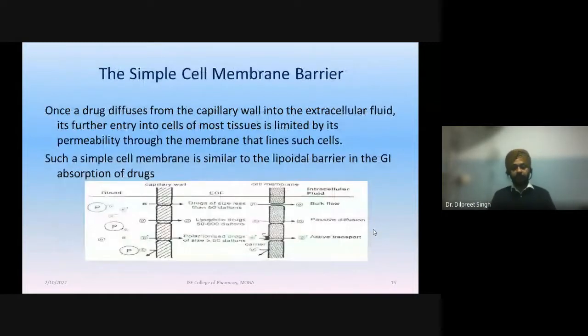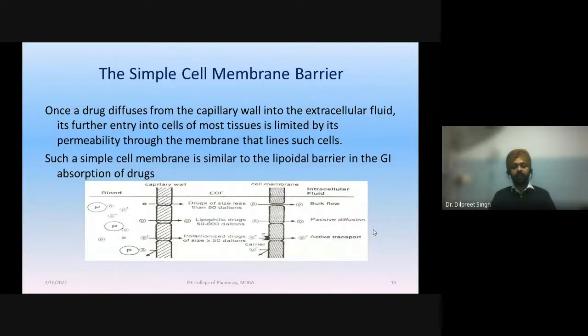Now, the simple cell membrane barrier. Once a drug diffuses from the capillary wall into the extracellular fluid, its further entry into the cell is restricted by its permeability through the membrane lining such cells. Such a simple cell membrane is similar to the lipoidal barrier in the GI absorption of drugs.